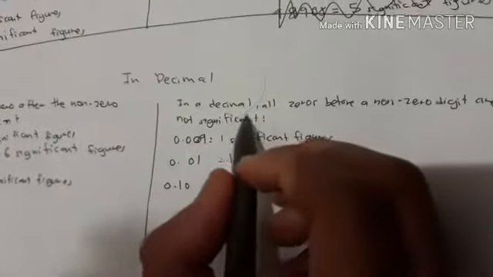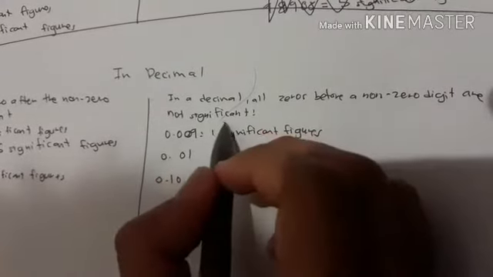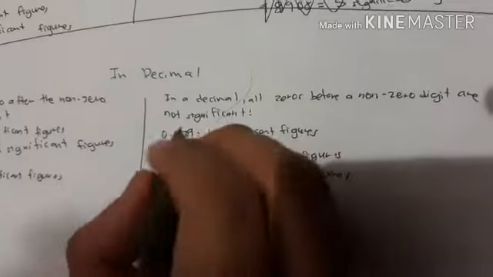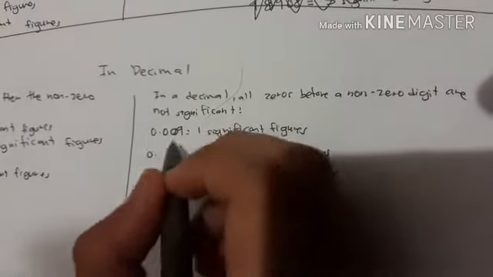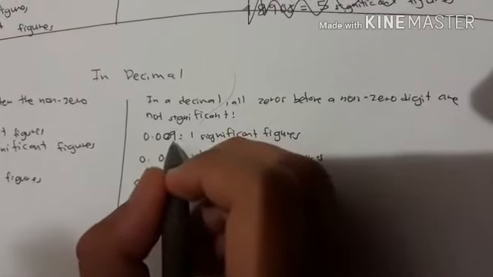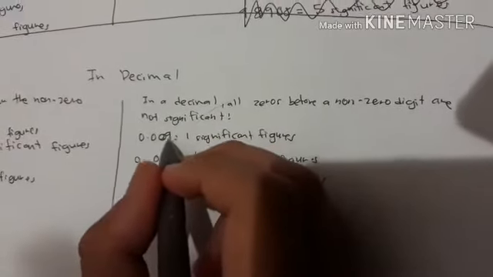Okay, the second case is in a decimal, all zeros before a non-zero digit are not significant figures. If we have zeros in front of a number other than 0, we will start counting at the first non-zero number.